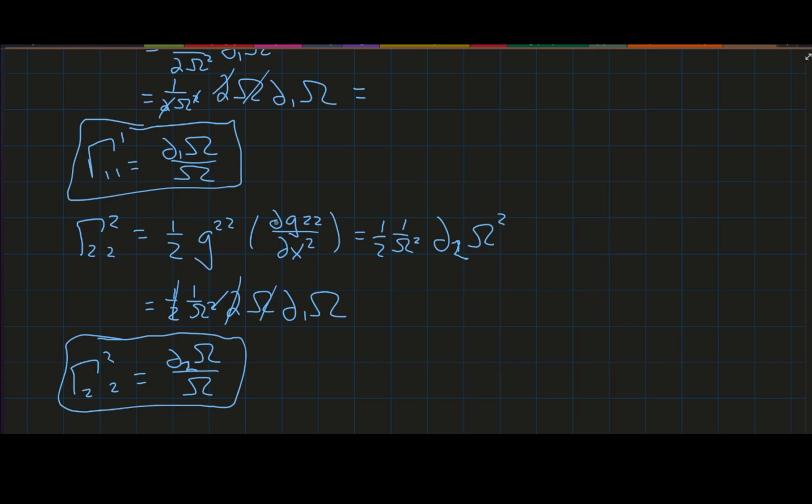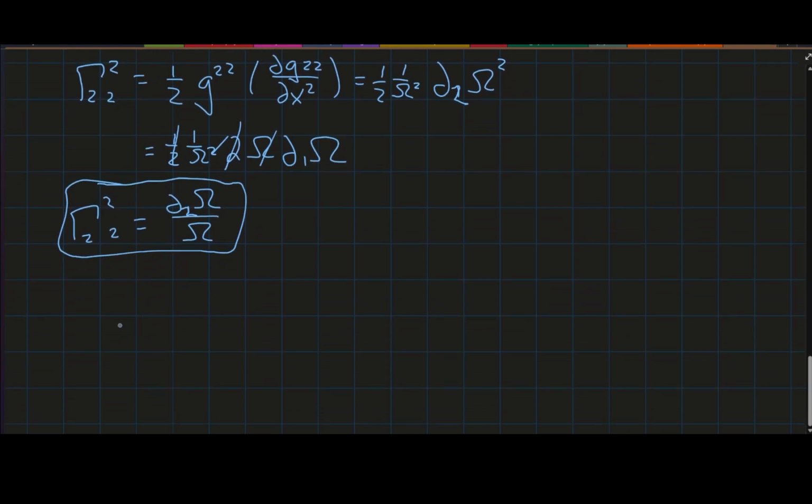And then, okay, we have one more component to calculate here. We get gamma 1, 2, 1 equals 1/2 G11 dG11 by dx2 plus dG21 by dx1 minus dG21 by dx1.